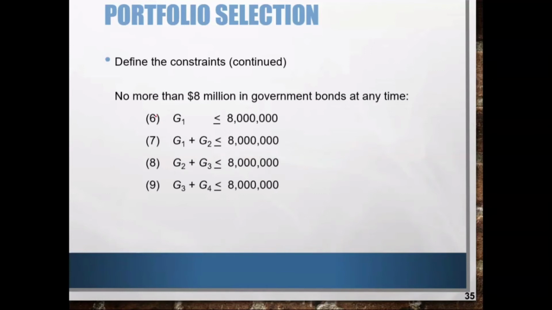Next we have constraint number 6: no more than 8 million in government bonds at any time. The statement in the problem is no more than 8 million in government bonds at any time, which covers both government bonds and construction loans. Here, this is government bonds.